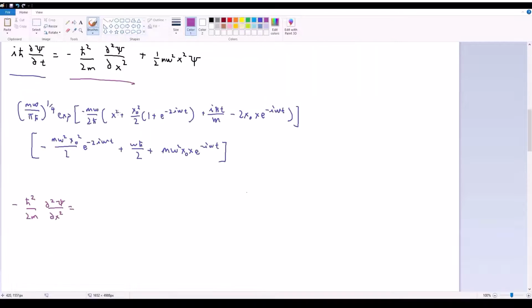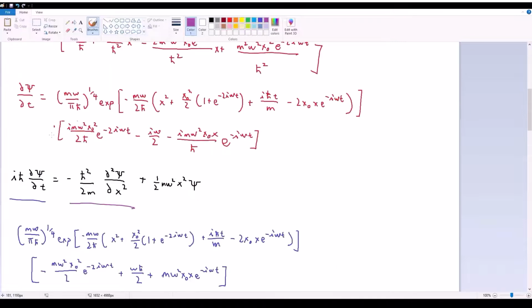So we're going to get the same expression at the front, which is going to be (m omega over pi h bar) to the power of 1/4 exp of negative m omega over 2h bar (x squared plus x naught squared over 2 times 1 plus e to the negative 2i omega t, plus i h bar t over m, minus 2 x naught times x e to the negative i omega t).